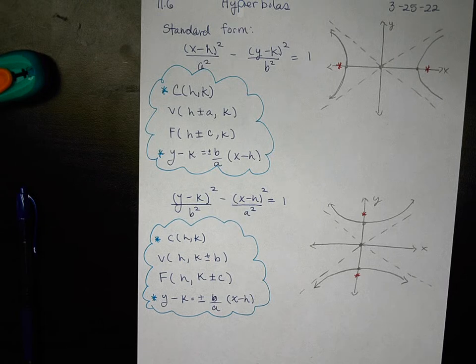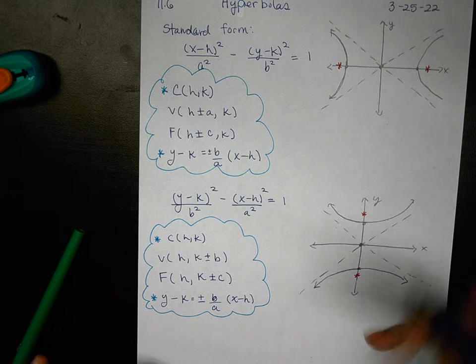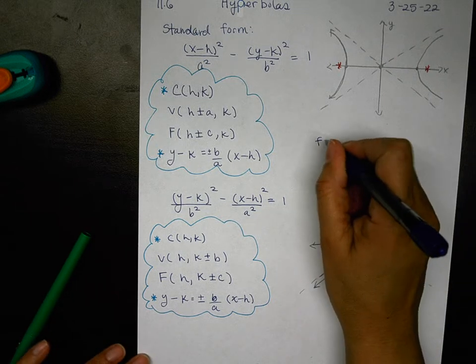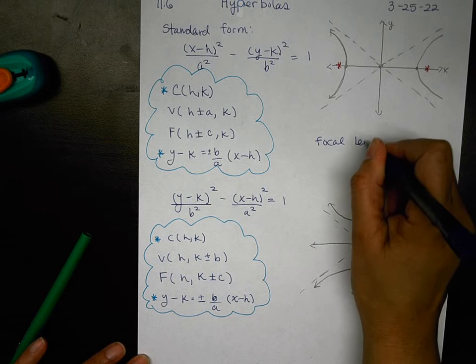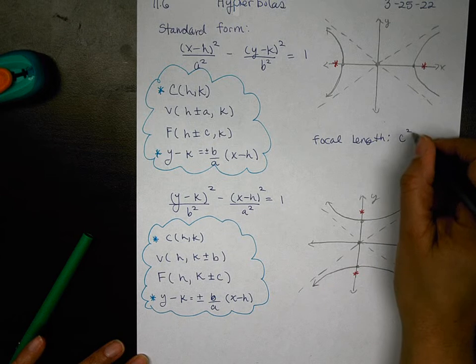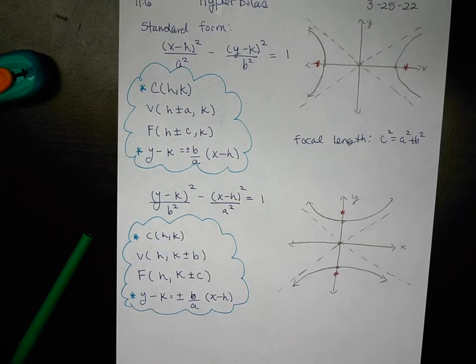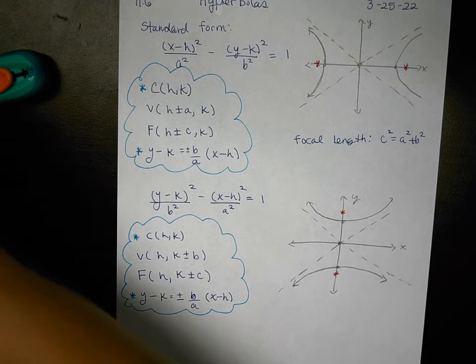All right, focal length formula, and then we'll talk about the difference between the two. Focal length is c squared equals a squared plus b squared. What formula is that?